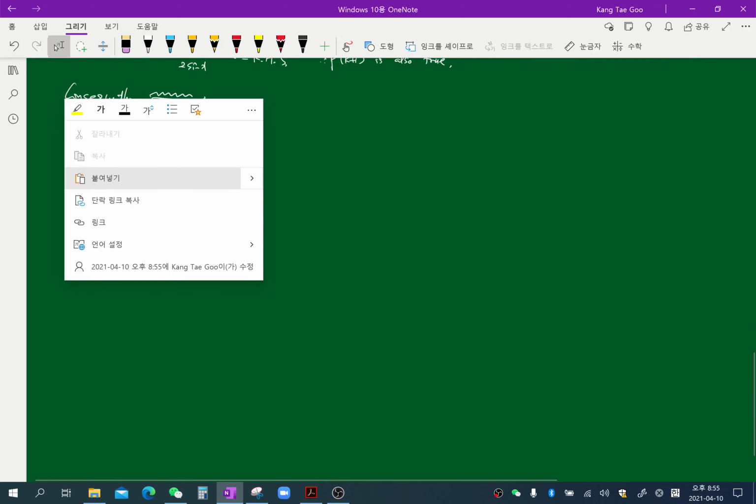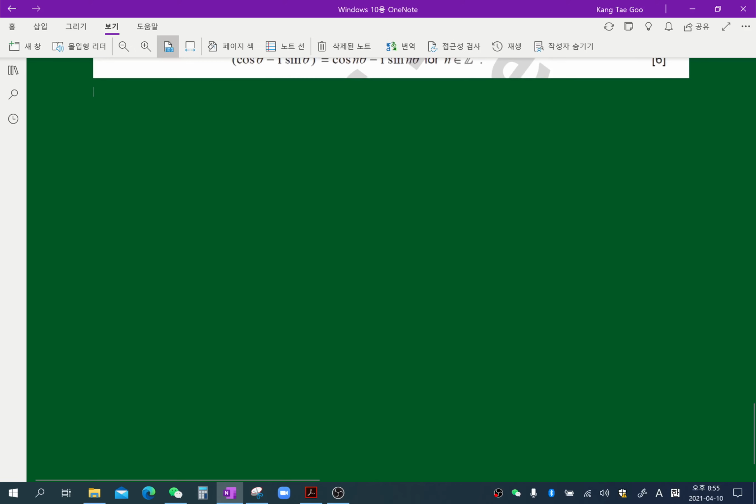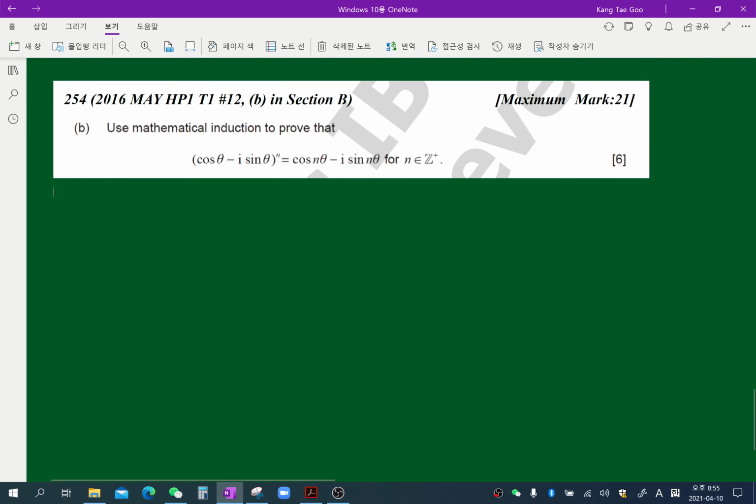The complex number with mathematical induction. Yeah, I don't have many examples, but anyway, this is one of the previous past paper questions about mathematical induction with complex numbers. Use mathematical induction to prove that blah blah. Always the same.